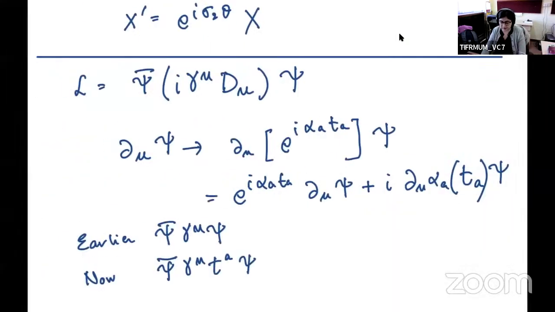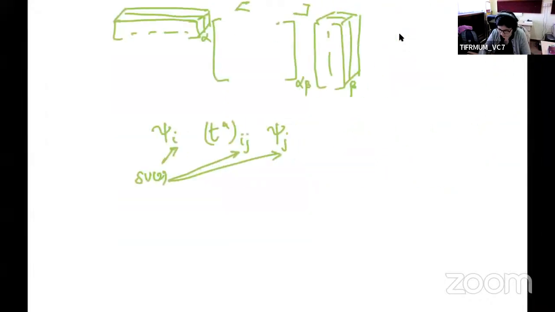All right. Okay, so you have this term here. And your interaction term would then look like psi bar gamma mu T^A psi A mu A, right? So this is your interaction term.